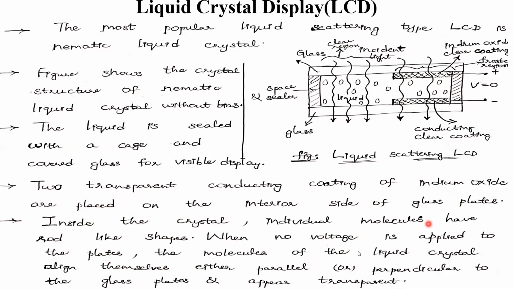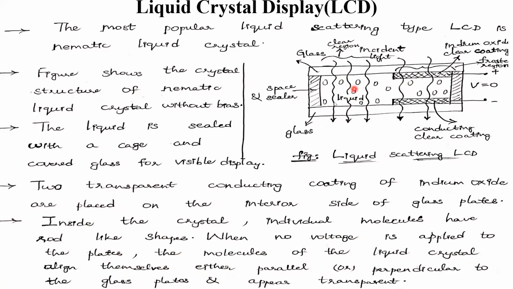Inside the crystal, individual molecules have rod-like shapes here. When no voltage is applied to the plates, the molecules of the liquid crystal align themselves either parallel or perpendicular to the glass plates.